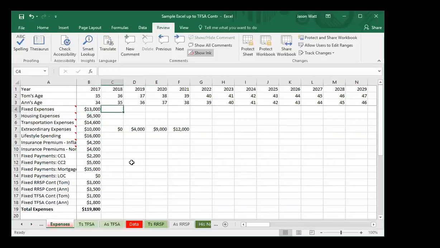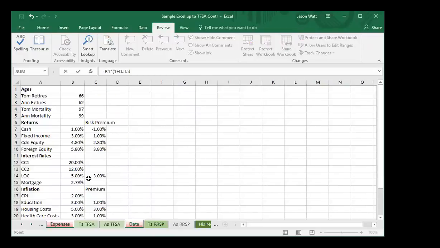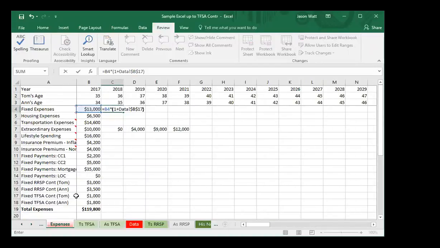Now, as I said, some of these expenses are inflationary, so my fixed expenses are probably inflationary. We're going to take the previous year's value times 1 plus that same inflation number we've been using over and over again. Now, if I had broken out education and healthcare costs separately, which might be appropriate in retirement, we can see that there's different inflation items there.